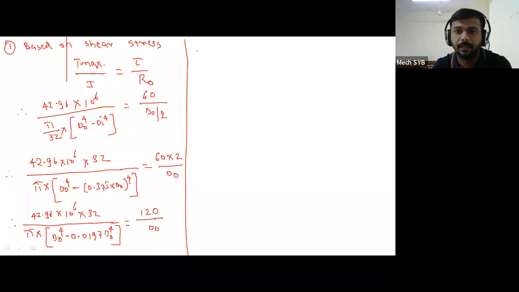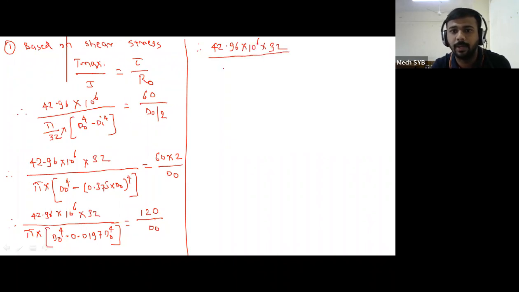Okay, then next step, 42.96 into 10 raised to 6 into 32 divided by pi as it is into, now see at the denominator side, what is in the bracket, do raised to 4 minus 0.0197 into do raised to 4.